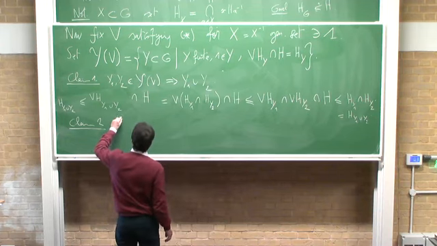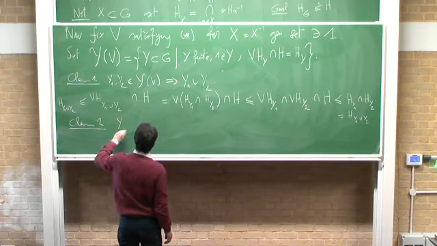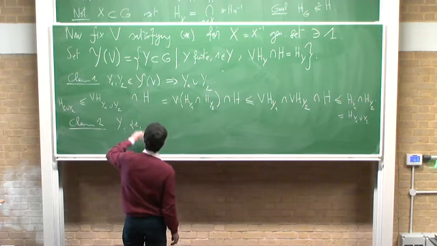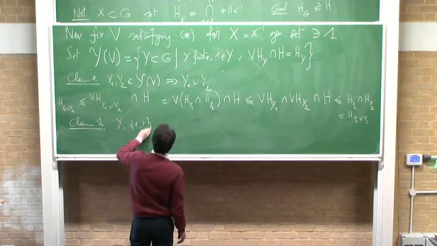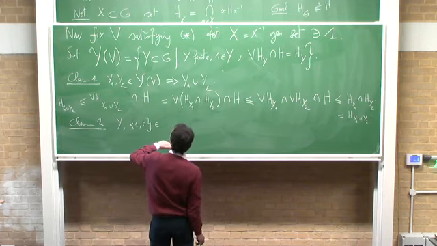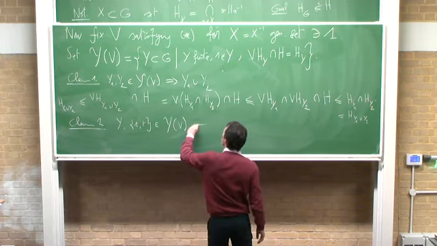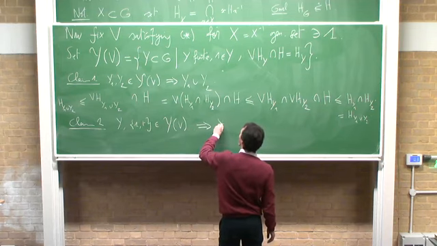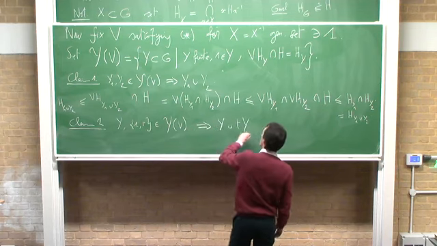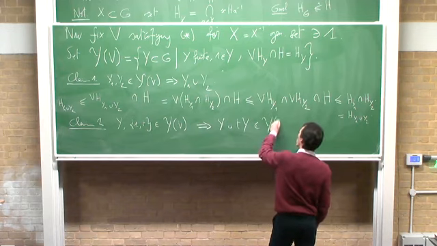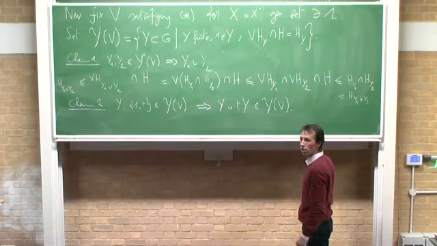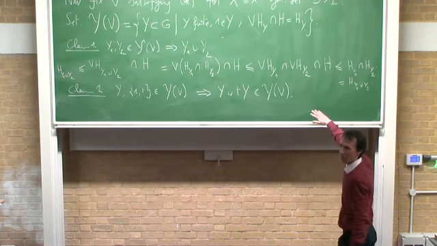And now we have claim 2: the fact that if Y and 1t belong to this, then this belongs to Y. Okay.